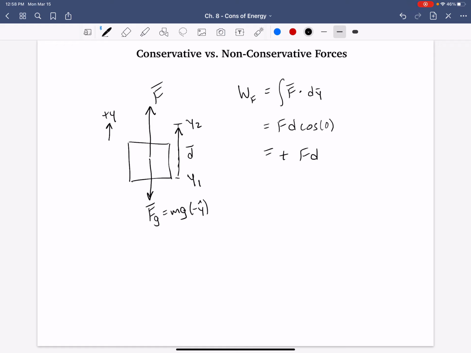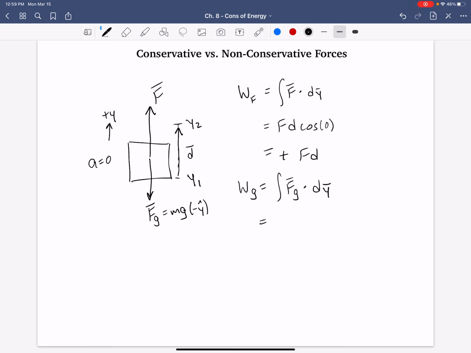Let's calculate the work done by the gravitational force as we pick this box up from a starting height to a final height. Again, it's the integral of the force of gravity dot dy. Newton's third law tells you that the magnitude of the gravitational force should be the same as the applied force in this case. Let's go further and say there is no acceleration, so those forces have to be equal.